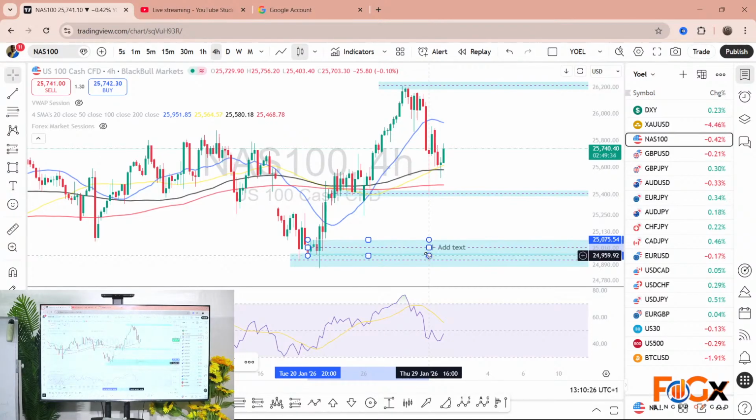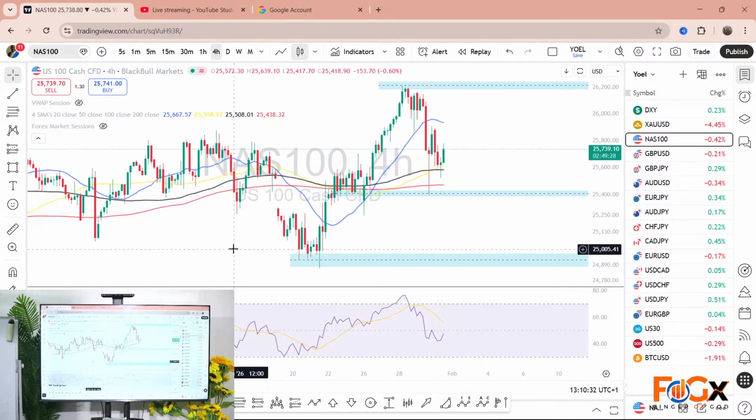Is it not the same zone? It's the same area. And marking another block doesn't mean their trade doesn't fail. Doesn't it fail? So that's how we mark it.